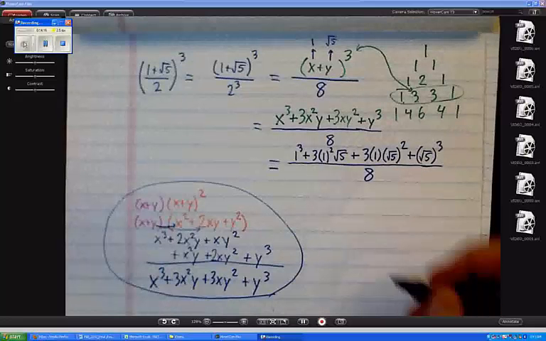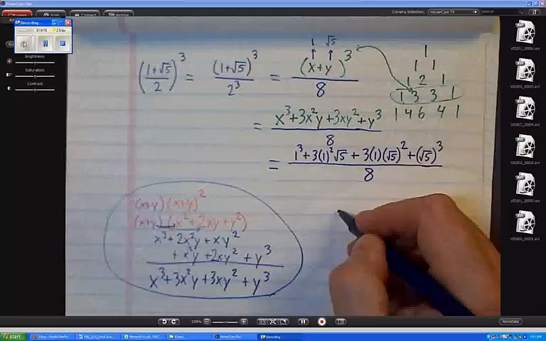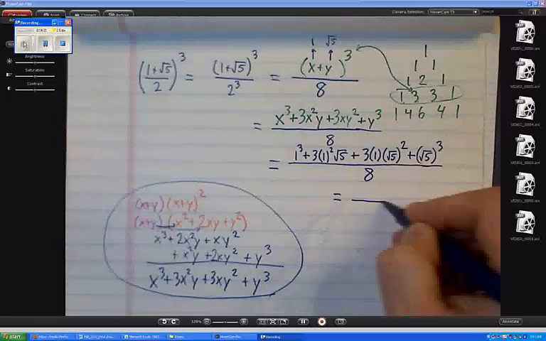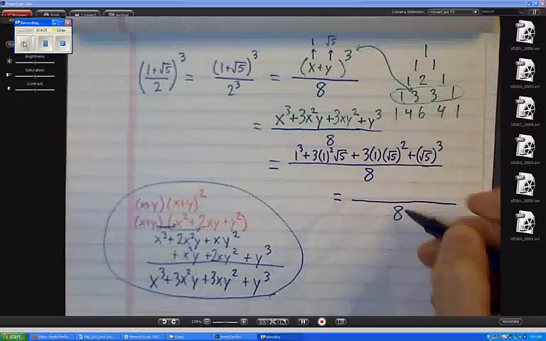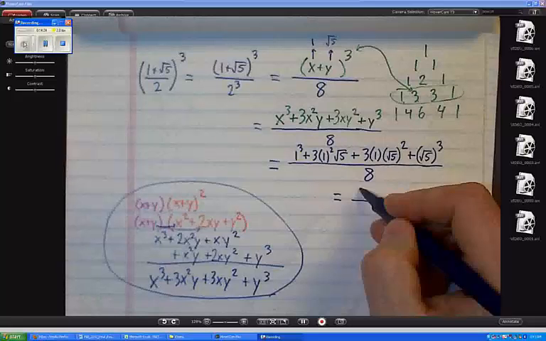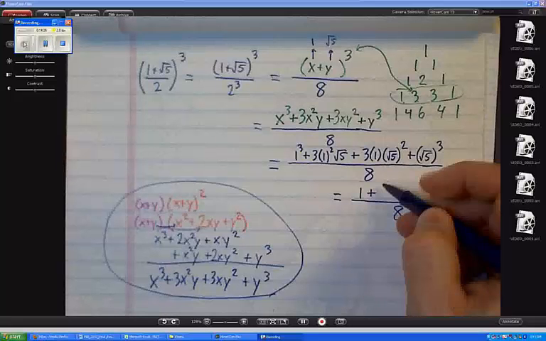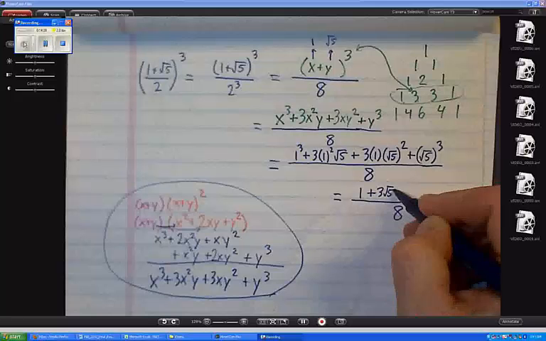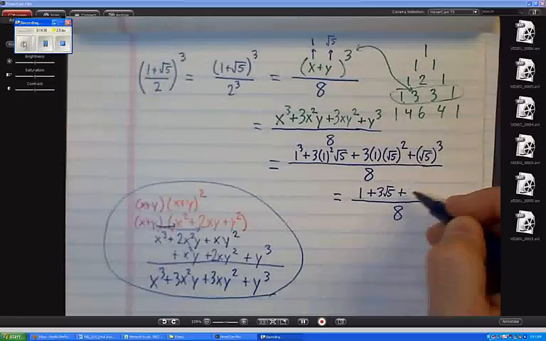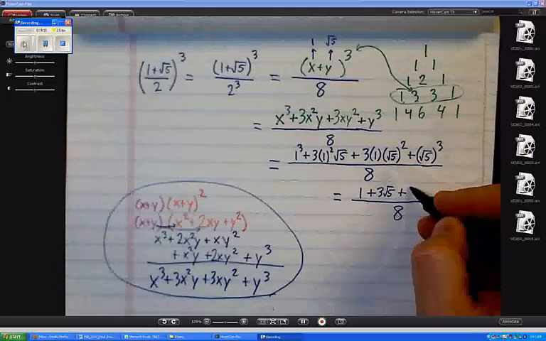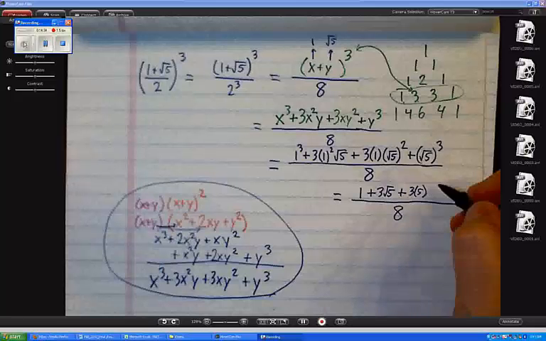And if I work this out, I get something over 8. 1 plus 3 square root of 5 plus, well, the next part is 3 times 5. And the next part is 5 square root of 5, if you work it out.